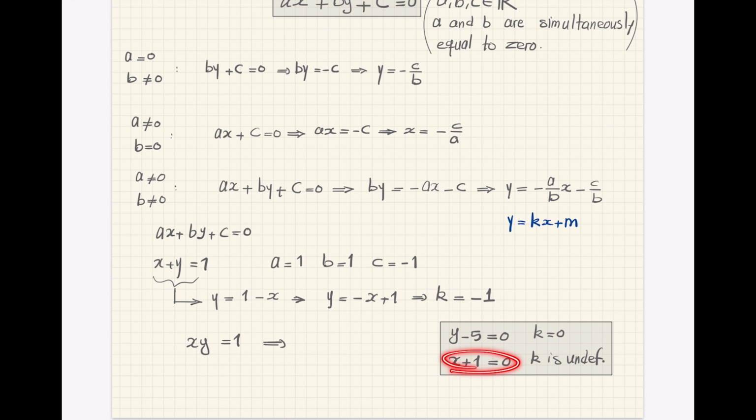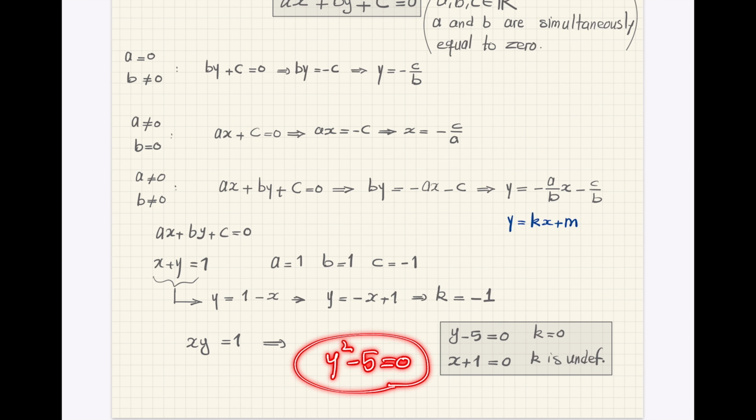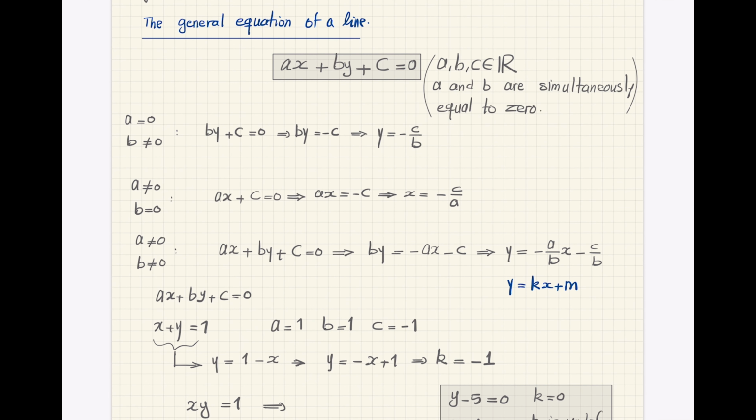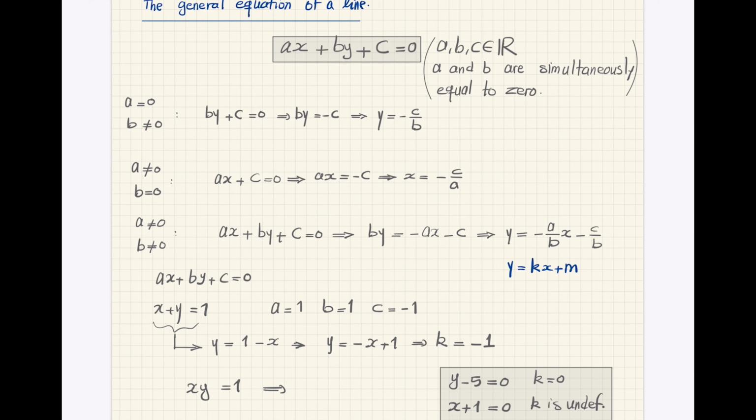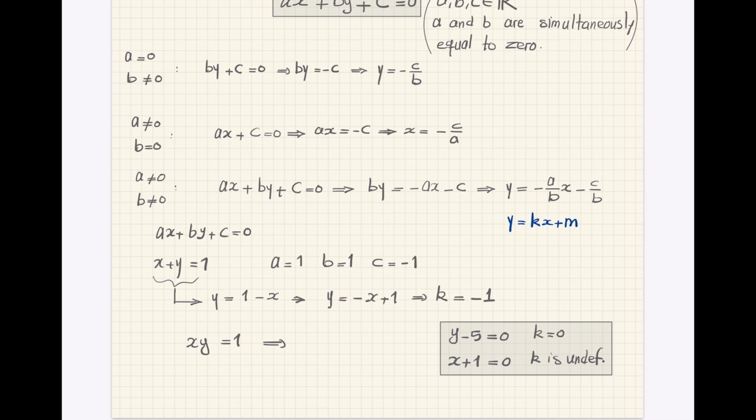Of course, not in any equation: if I have y squared minus 5 equal to 0, this is not a line in the first place, because I have a power of 2. In a line equation, I have just 1x, 1y with powers 1. So if you have an equation of a line and there is no x, your line is horizontal and k is 0. If there is no y, your line is vertical, and therefore k is not defined.